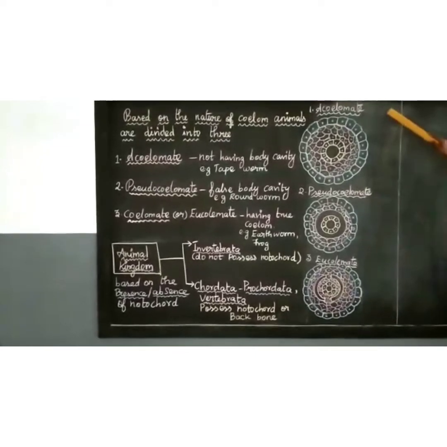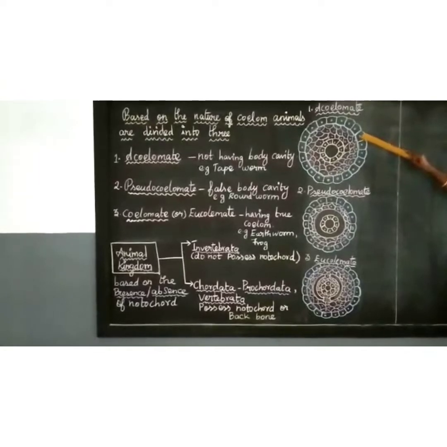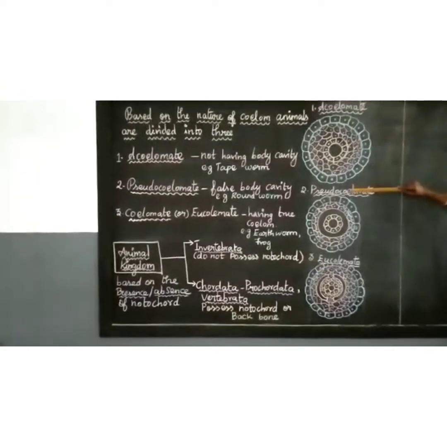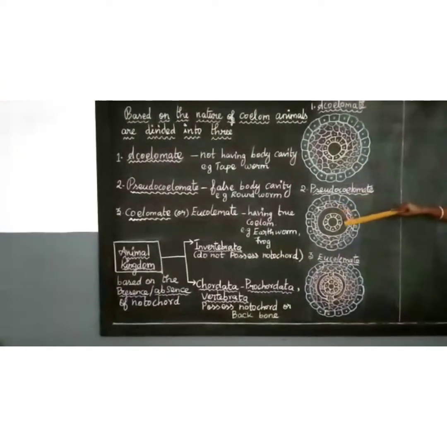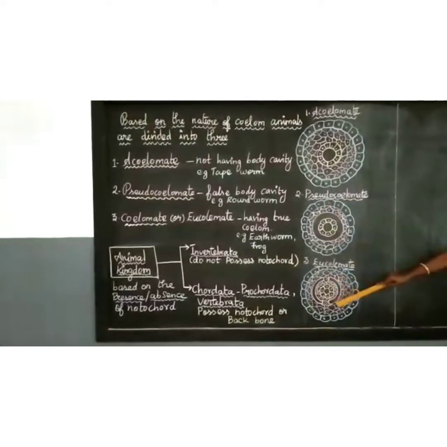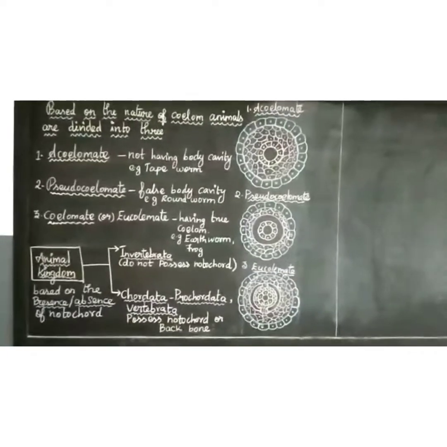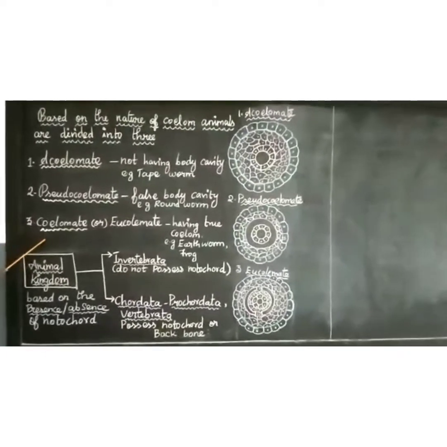You are clear? Acoelomate has no coelom or body cavity, pseudocoelomate has a false body cavity, and eucoelomate has a true body cavity.